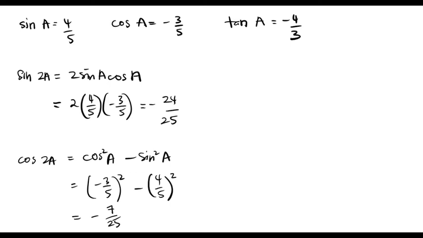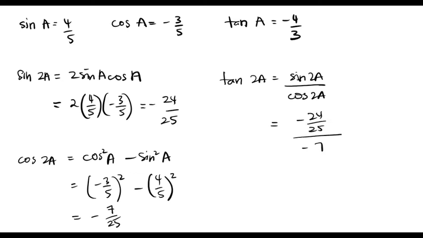And lastly, the double angle for tangent. We get negative 24 over 25 divided by negative 7 over 25, which is cos 2A.